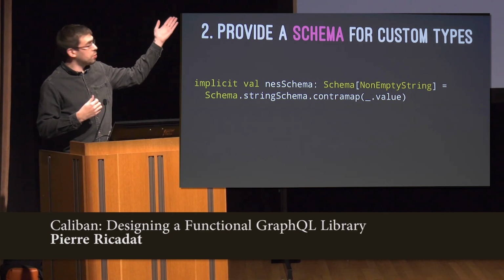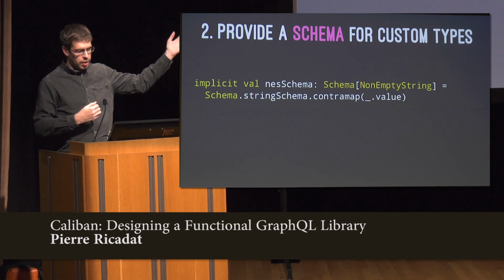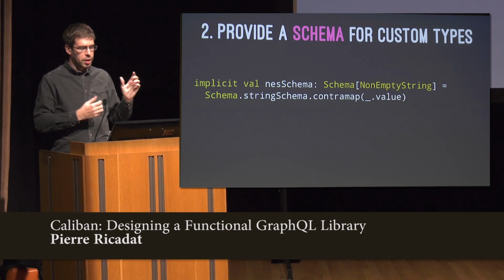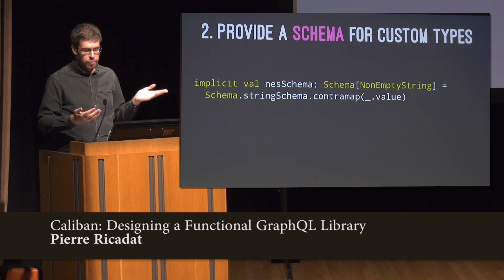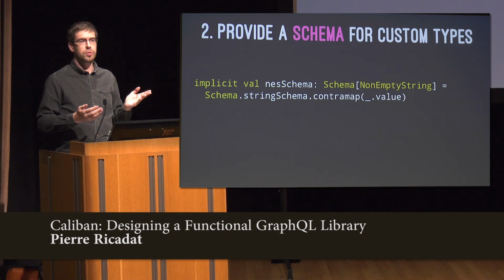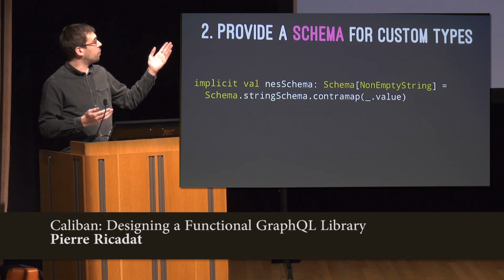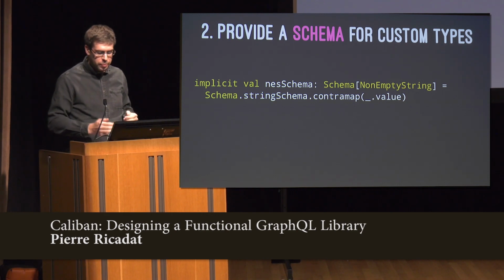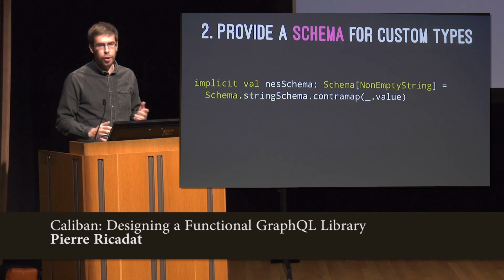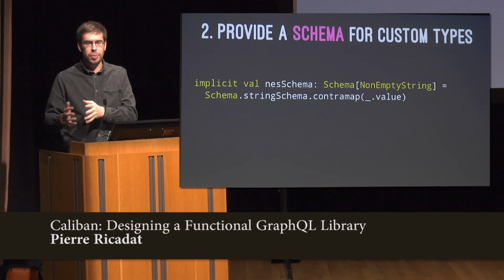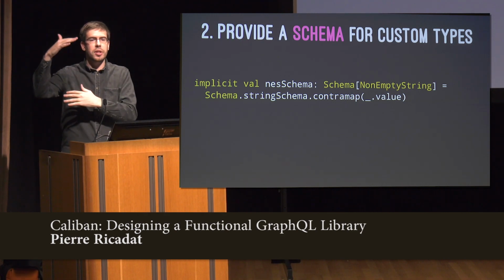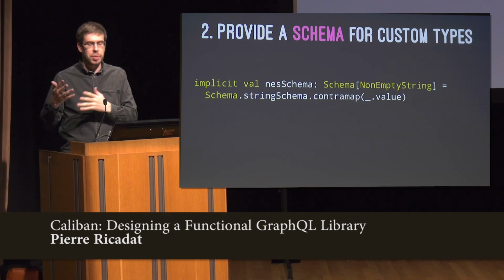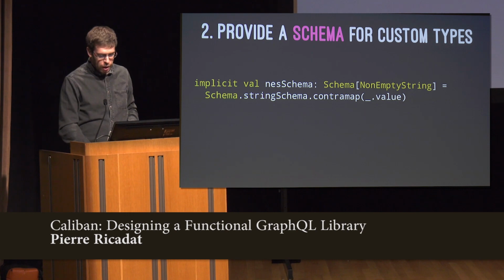Here I just reused the string schema, and I used contramap and gave a function from a non-empty string to a string, so dot value, and that's enough to say how to handle non-empty strings. If you're lucky, your type is similar to an existing one, and you can do this very easily. But you can also completely have your custom schema definition if you want to.